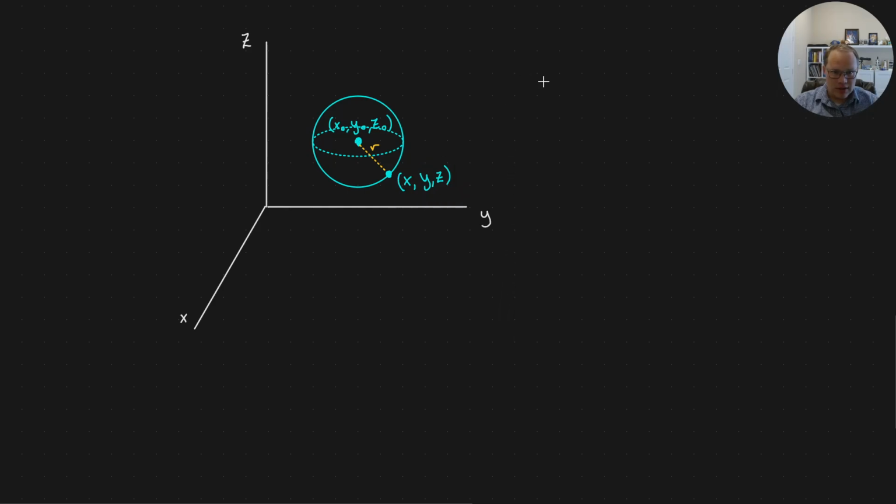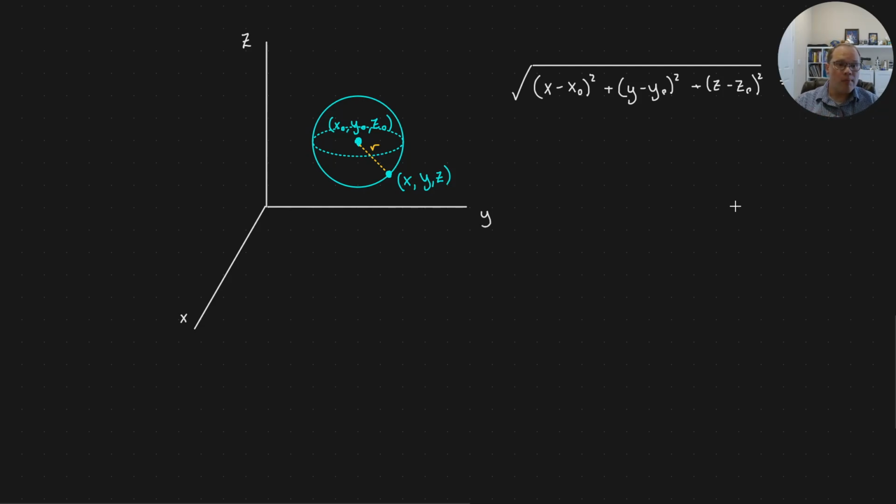So the distance, using the distance formula, we get x minus x naught squared plus y minus y naught squared plus z minus z naught squared. Take the square root of all that, it should be the predetermined distance from the center, r.